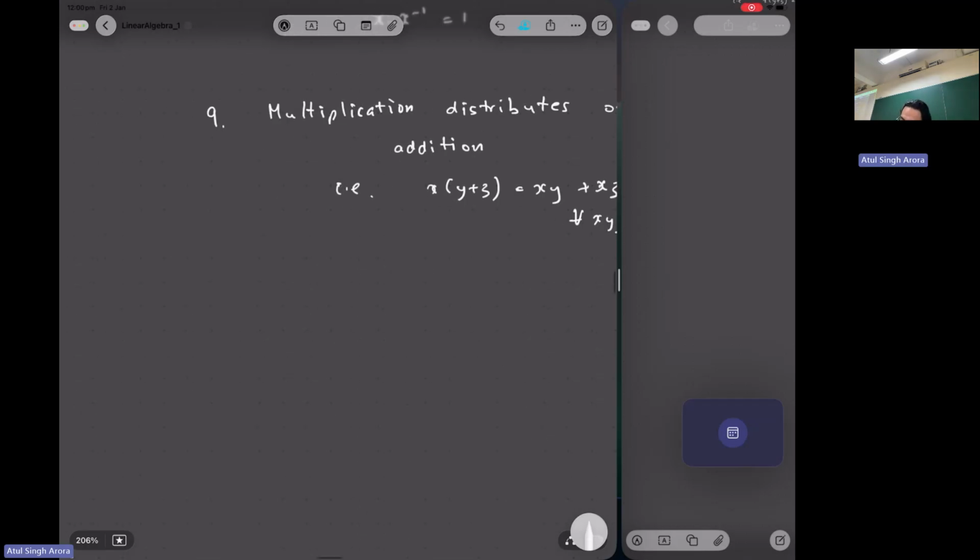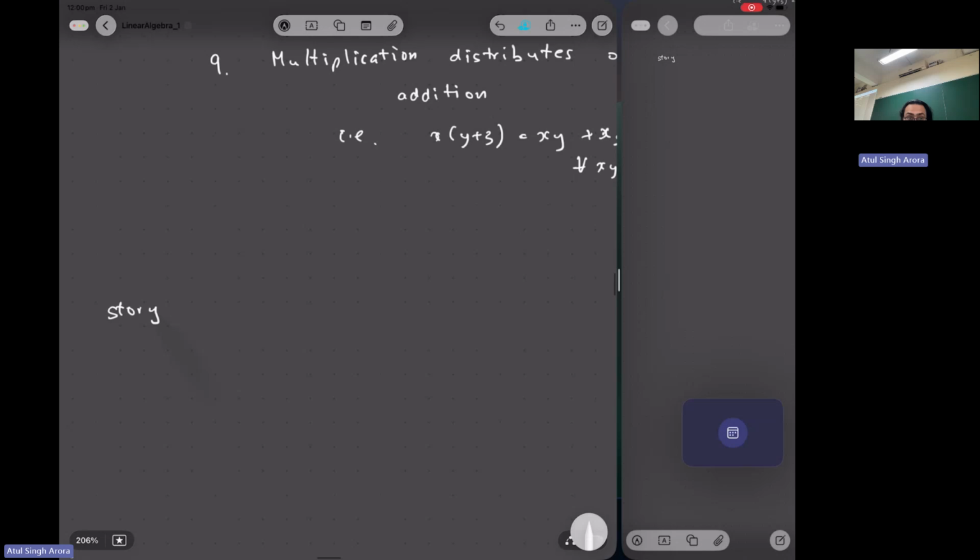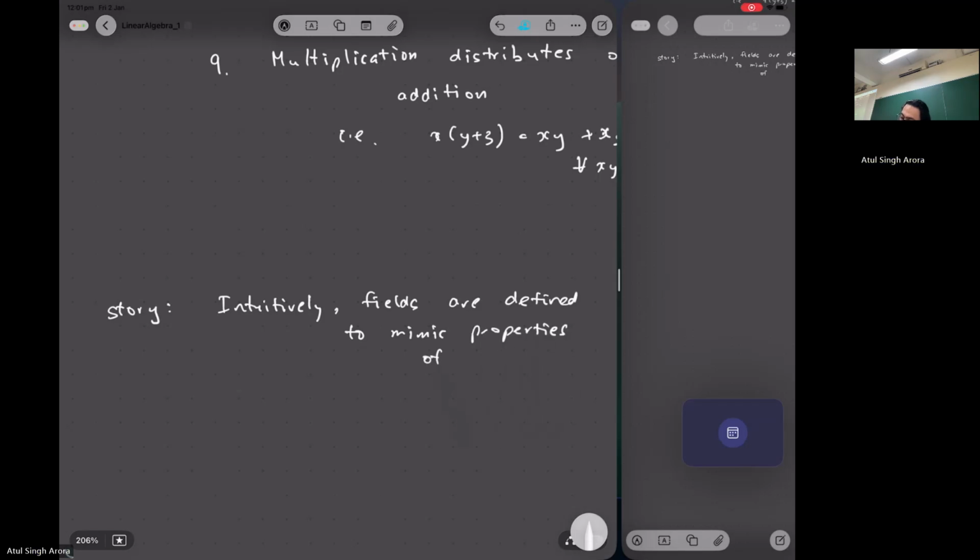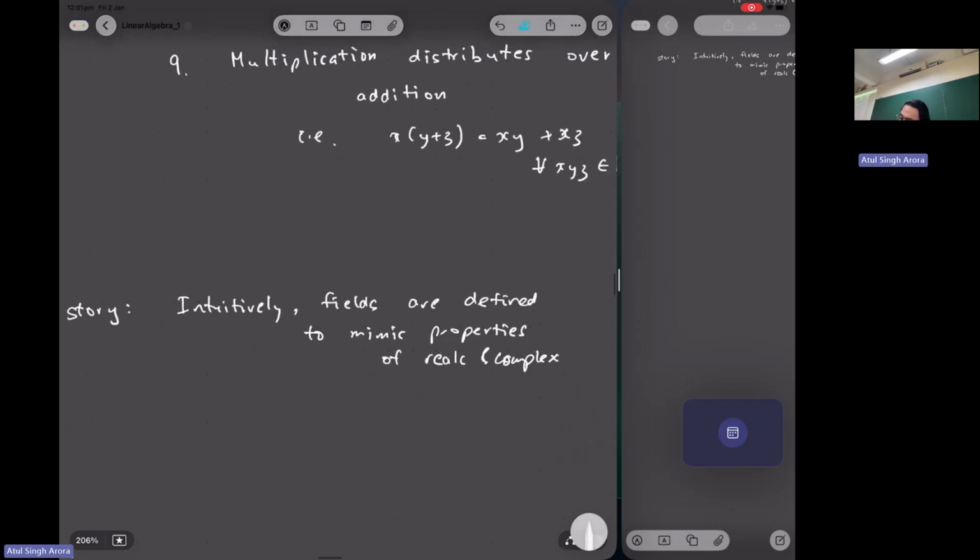And now let's build some intuition, because that was the formal definition. Like I said, intuitively, fields are defined to mimic properties of the real numbers and complex numbers.